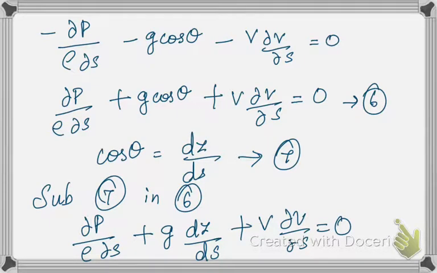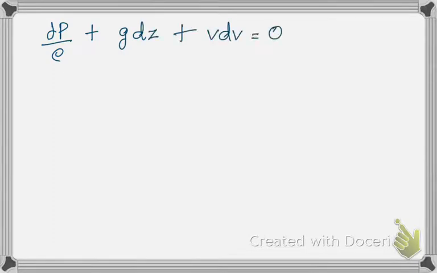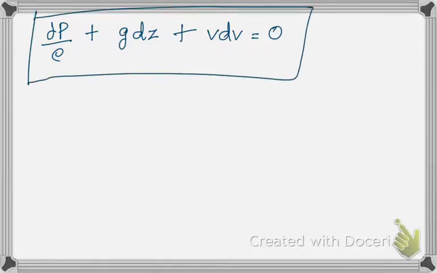Since ∂s is common everywhere, multiplying by ∂s I will be getting dp/rho plus g dz plus v dv is equal to 0. So this equation is known as Euler's equation.